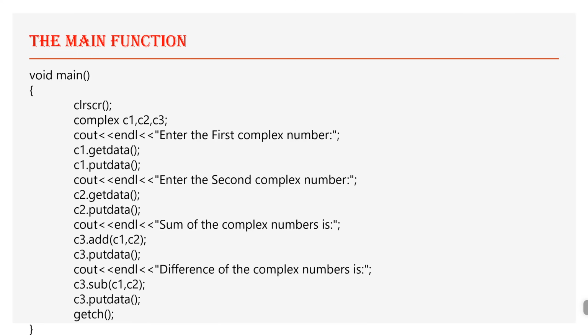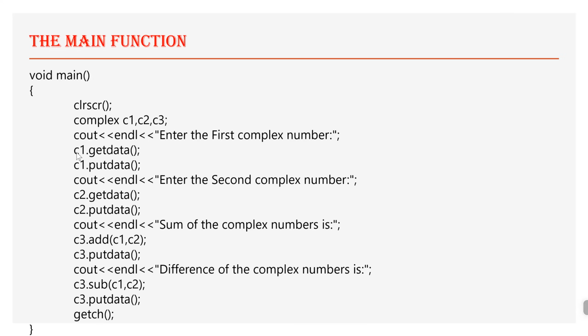See, in the main program I have declared three objects C1, C2 and C3 of complex. Now I am reading the first complex number C1. C1 dot get data.